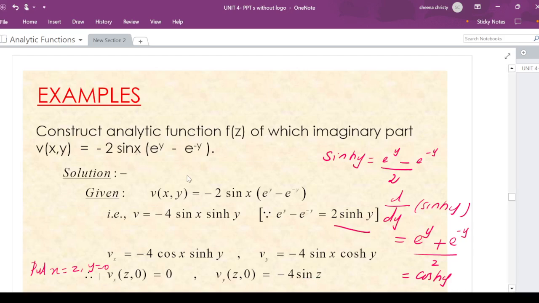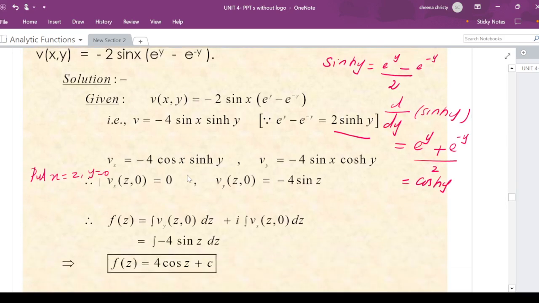Now, we are going to substitute in the formula, since the imaginary part of f(z) is given. By making use of the Milne Thompson method, f(z) equals the integral of Vy(z, 0) dz plus i times the integral of Vx(z, 0) dz.